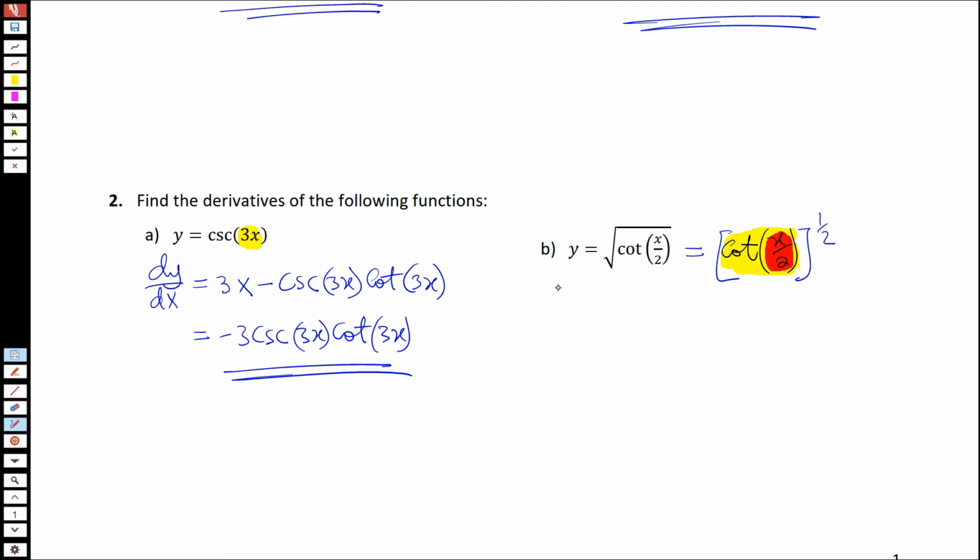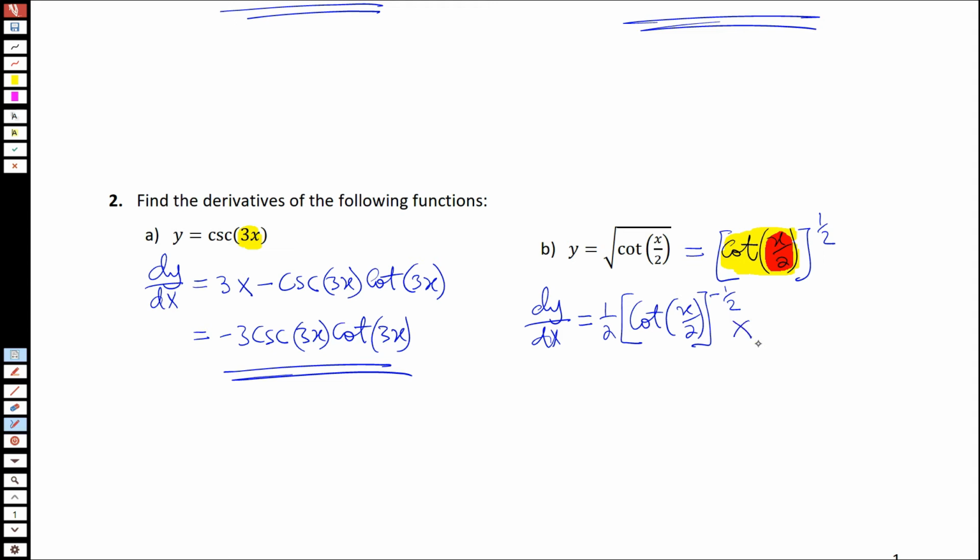So dy over dx will be equal to, so we start with the outside, so we bring a half in front, so that will be a half into bracket cotangent of x over 2, because the power reduces by 1, so that will be to the power negative a half.